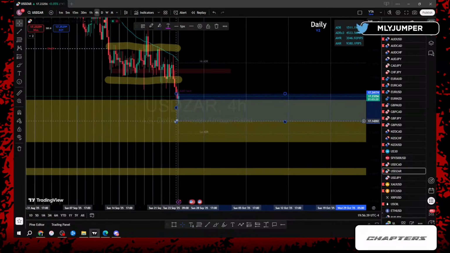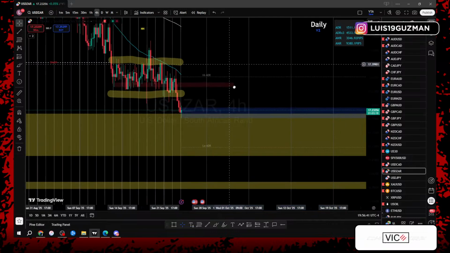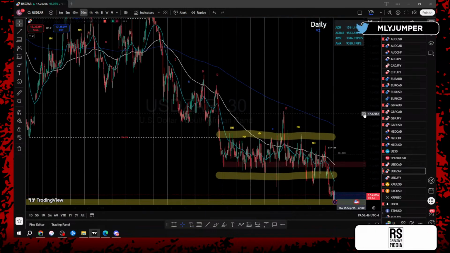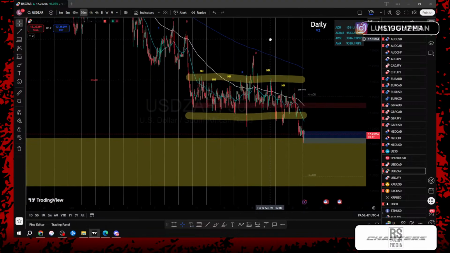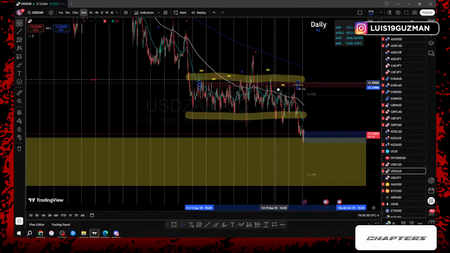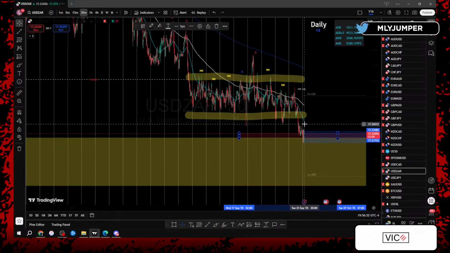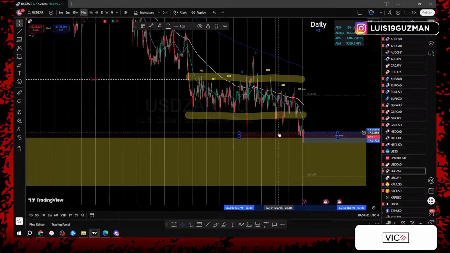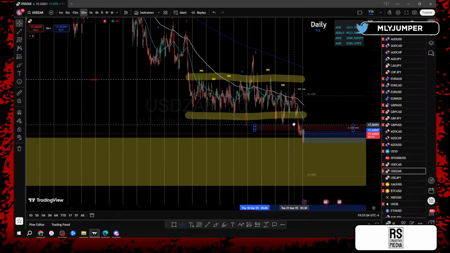Change of character, break of structure. 30-minute time frame, we have change, low, lower, high. Right, is that the real break didn't really happen till here.